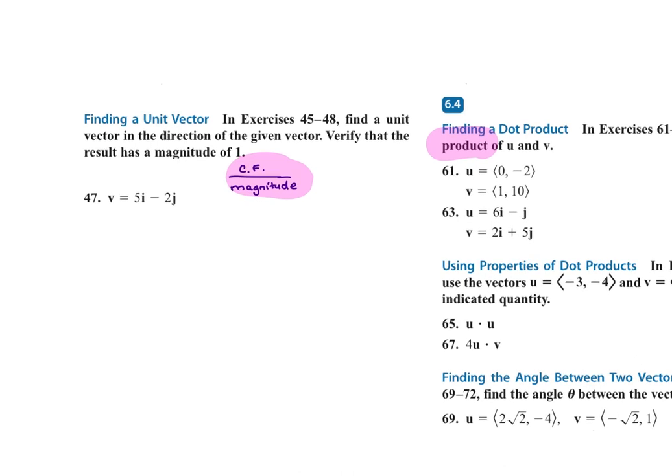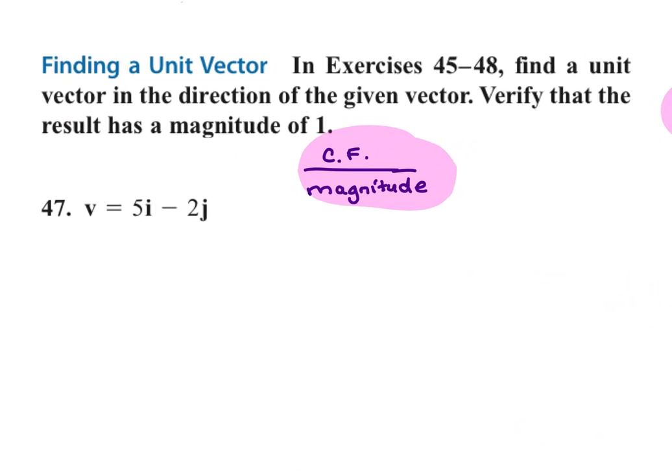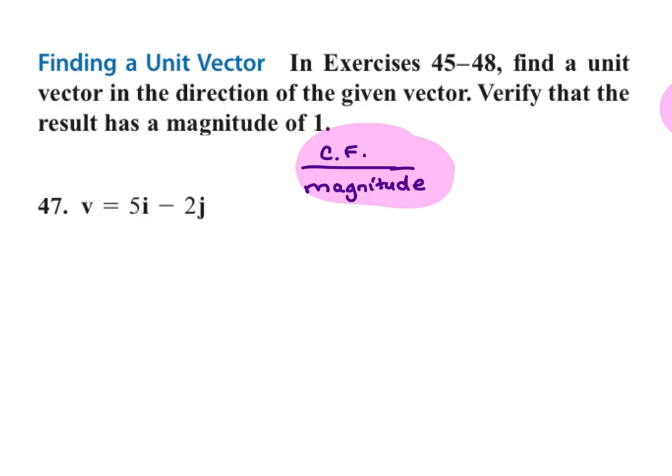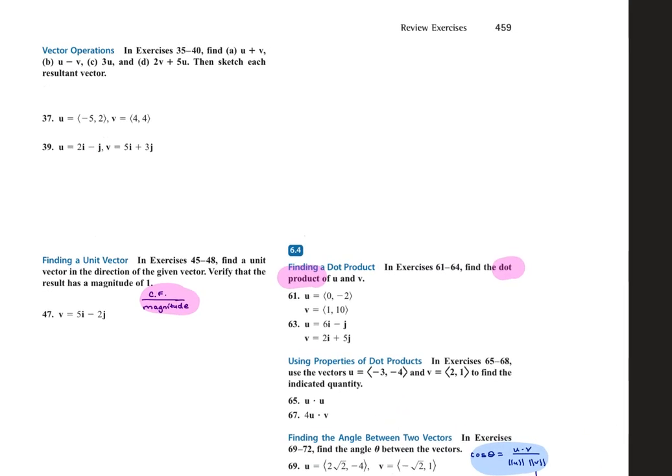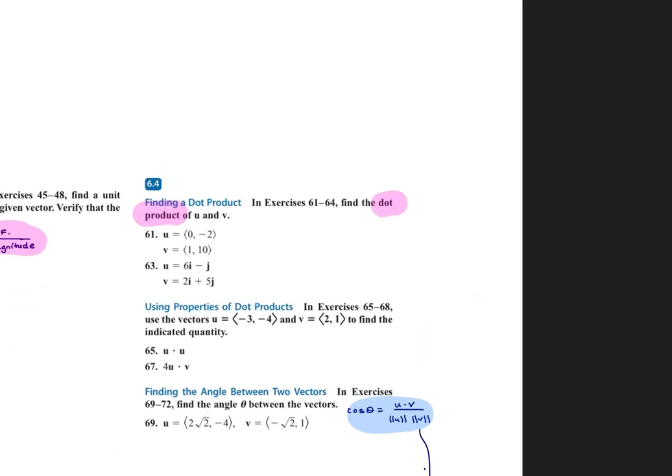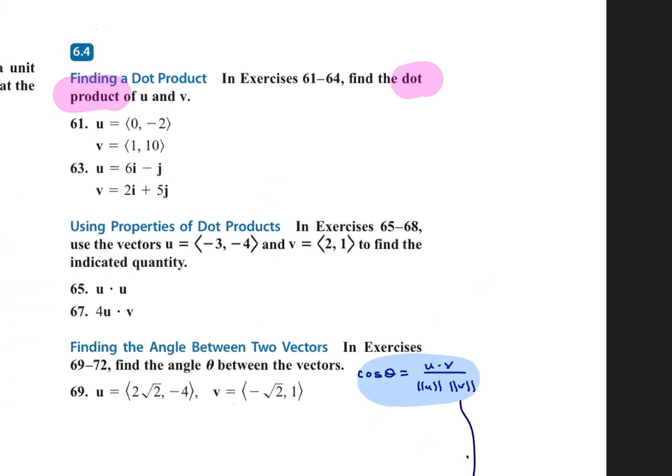Then you're finding the vector in the same direction. For this you put the component form over the magnitude. That is, again, highlighted in pink, which means you need to know that one. The dot product comes up. If it asks you to find the dot product of 2 vectors, we multiply the first term in each and add it to the product of the second terms.